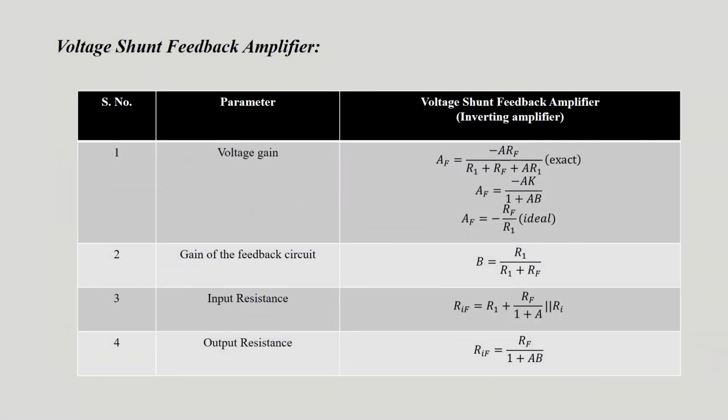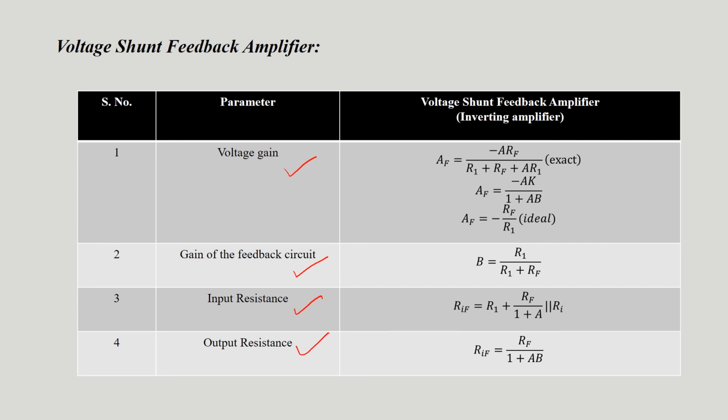So up till now we have talked about these parameters of the voltage shunt feedback amplifier, that is voltage gain, gain of the feedback circuit, input resistance and output resistance.